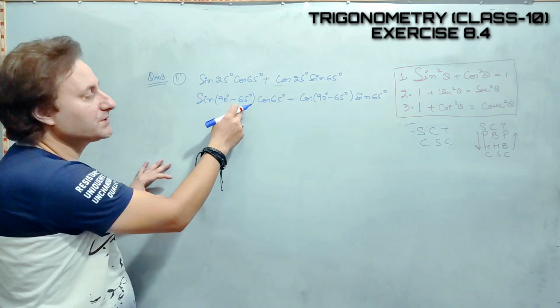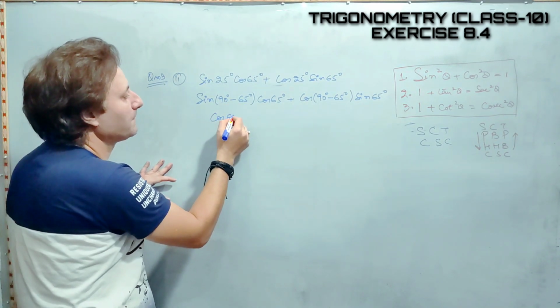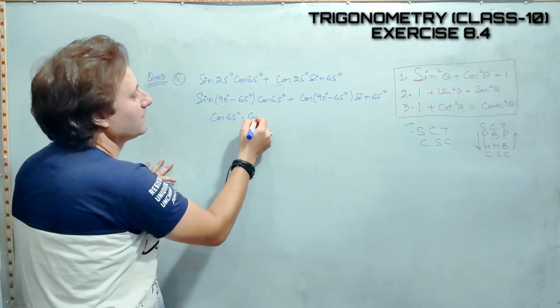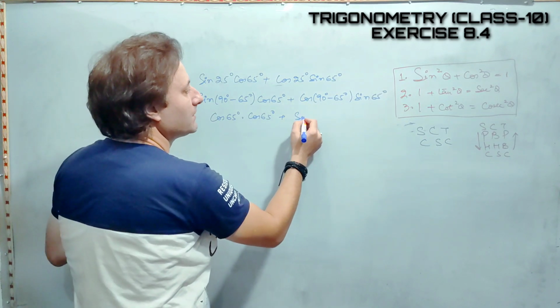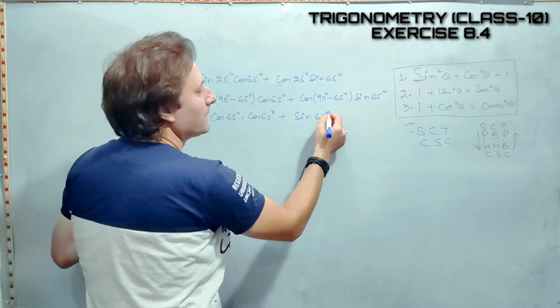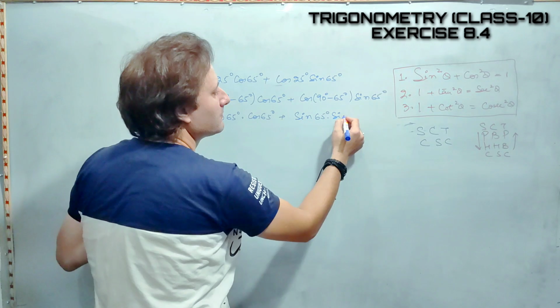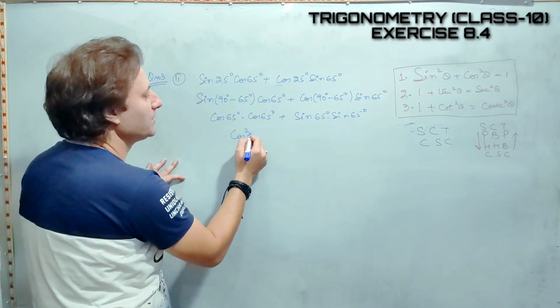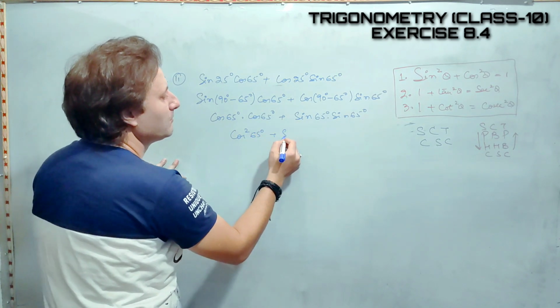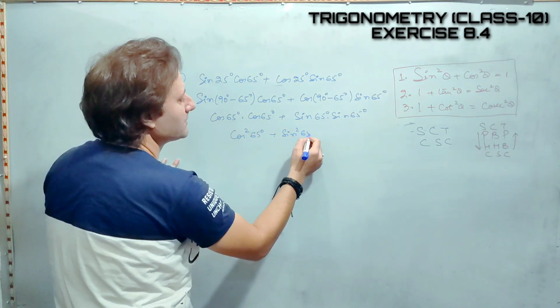Sin(90° − θ) is cos θ, and then we have again the same thing. Cos(90° − θ) is sin θ. So what do we have? We have cos²65° plus sin²65°.